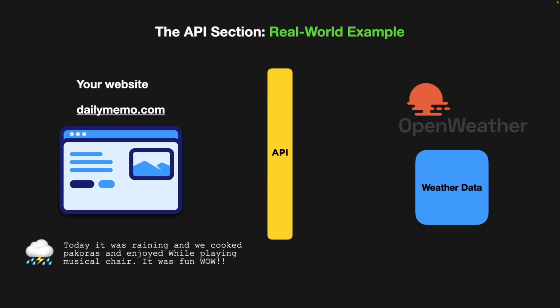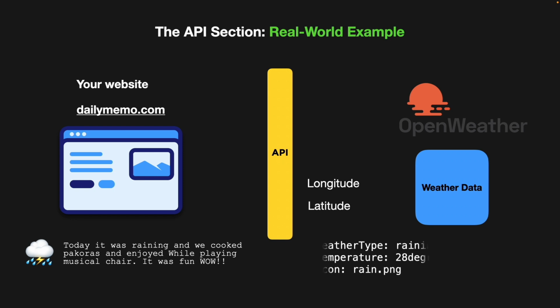In this case, OpenWeather creates an API that tells you how you can interact with their services. If you want data from them, then there are these things you can access. For example, you can get longitude, latitude, or how the data is structured. For example, what is the format?